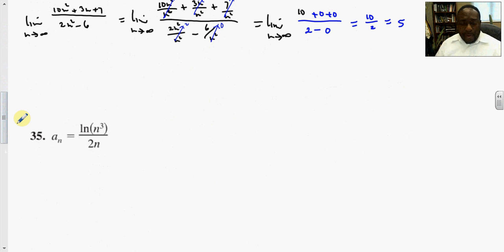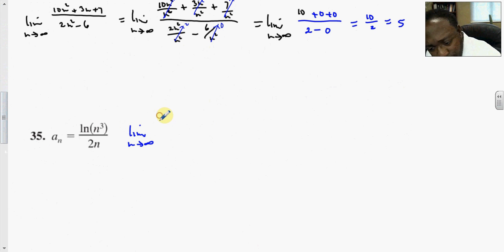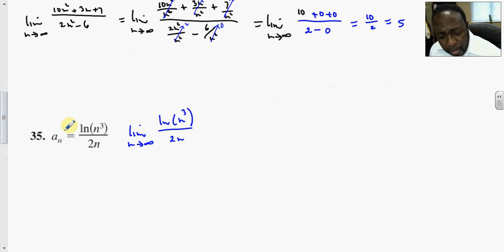Now for this problem, I do encourage using L'Hopital's rule. We have the limit as n goes to infinity of the natural log of n to the third all over 2n. Now notice here that we have what we call an indeterminate form.